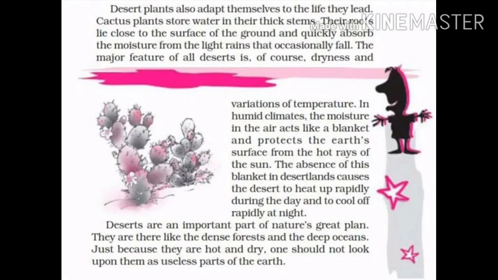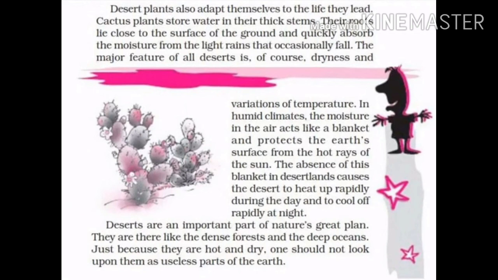Children, the very important quality of all deserts is dryness. All the deserts have dryness and variation of temperature. What is variation of temperature? In the morning it would be too hot and during the night it would be too cold.